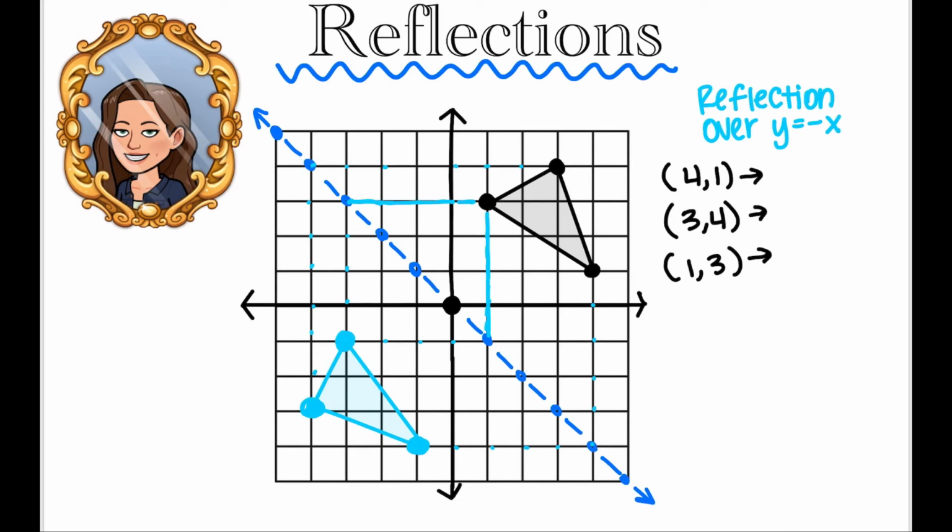Alright, so let's look at what the coordinate rule would be for this transformation. So with our point 4, 1, so that was this point here, this point became the point -1, -4.